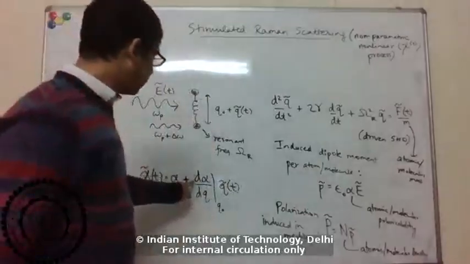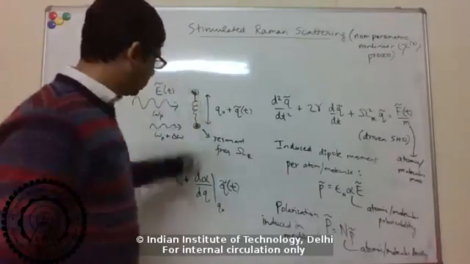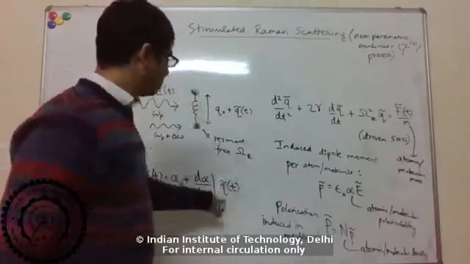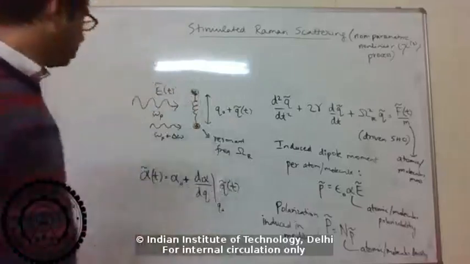This is the change in polarizability per unit displacement, or change in the bond length, times the vibration amplitude.